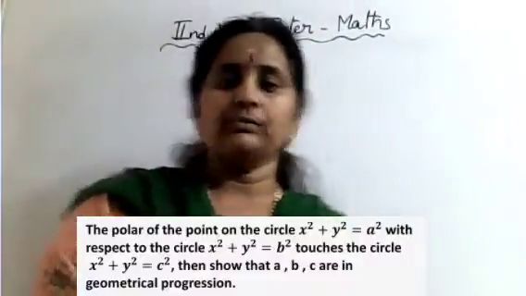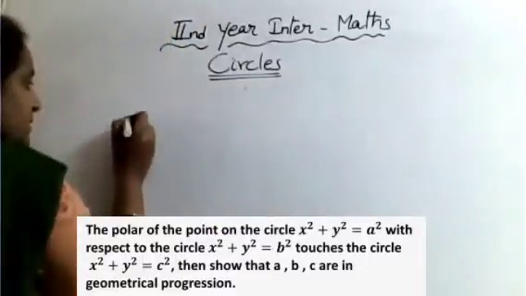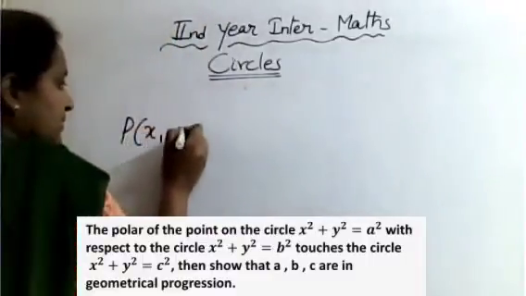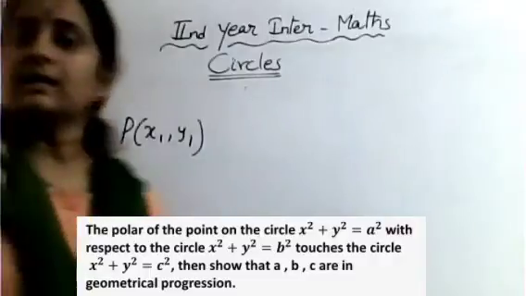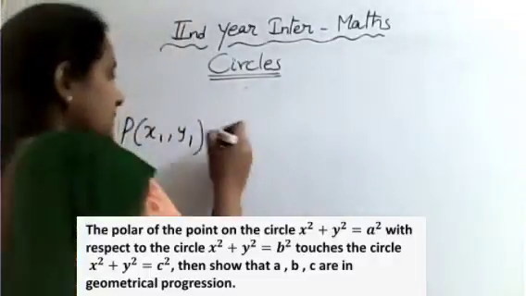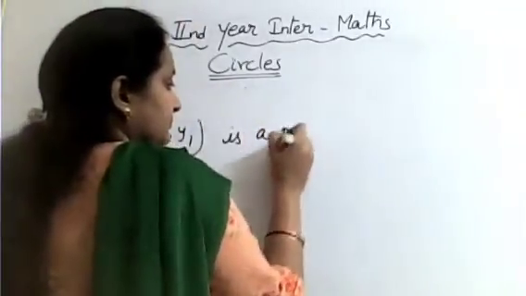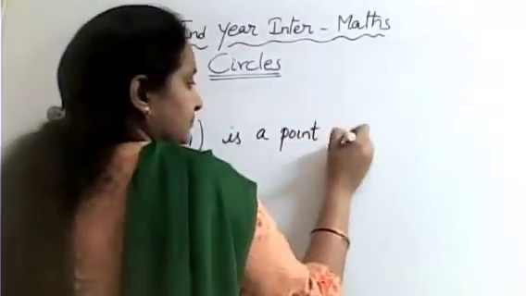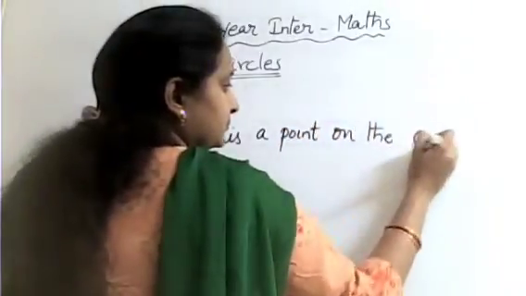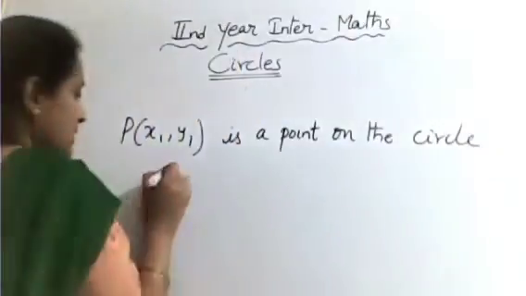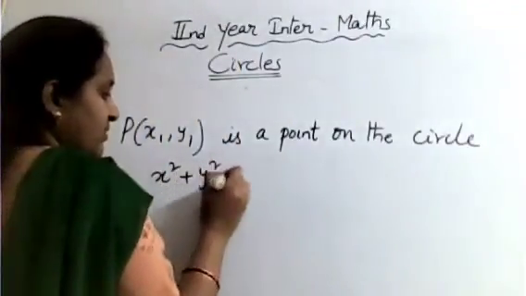Coming to the problem. Let us take P(x1, y1) a point on the circle x square plus y square is equal to a square.